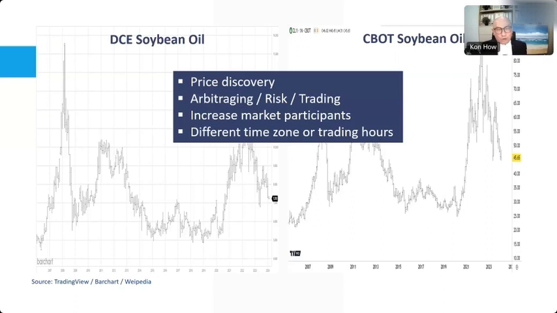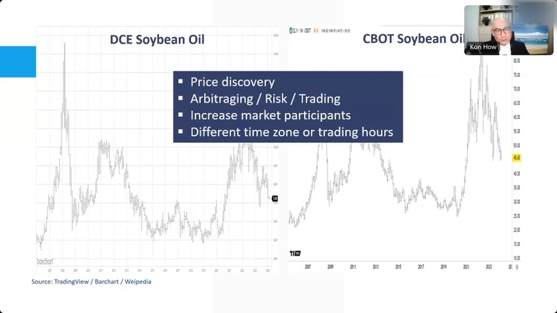Having a product on two exchanges will definitely increase market participants. For example, if you have not traded soybean oil in the past, because it was in DCE or CBOT, but on the 18th of March Bursa is going to have the FSOY, then for the first time you can expand your trading portfolio into soybean oil.